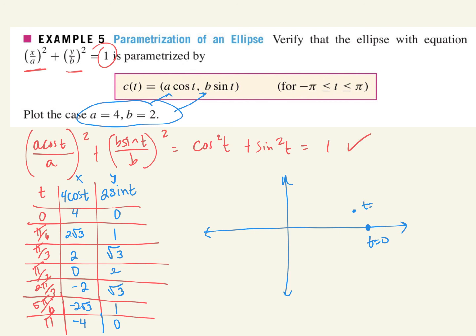I didn't mean to write 1, pi over 6 there. And as I keep on moving around, not totally to scale there, this is a height of 2 only. Let me put my y coordinate in a different color.